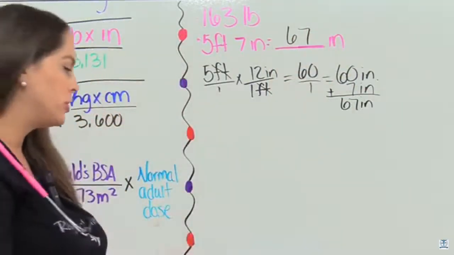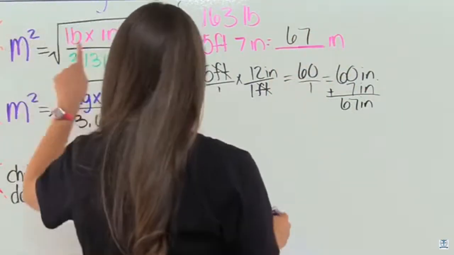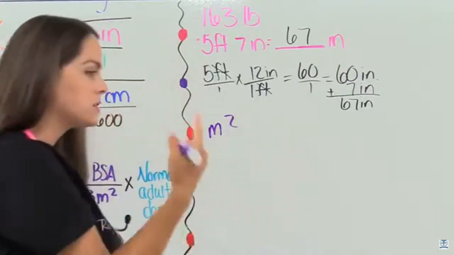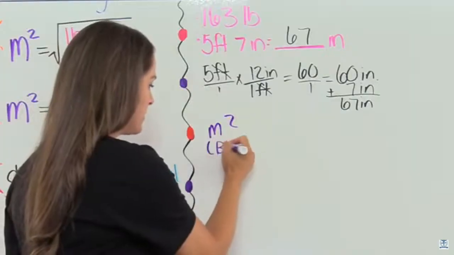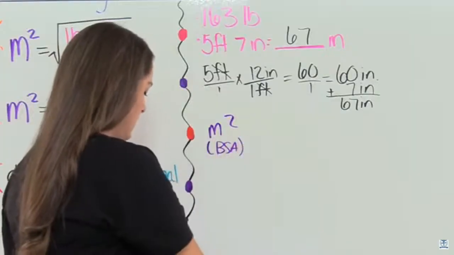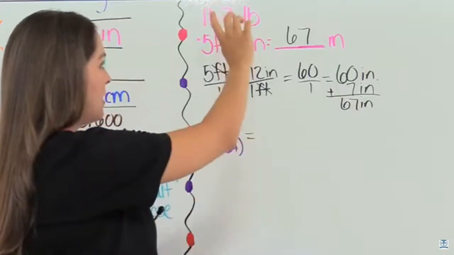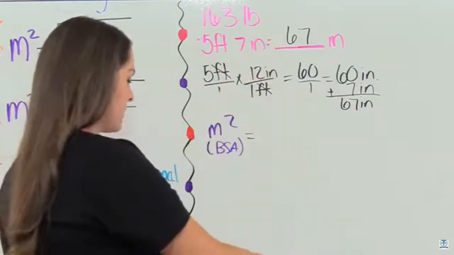Now we are ready to use our formula. Square meter, which is body surface area, equals the patient's weight times the height.